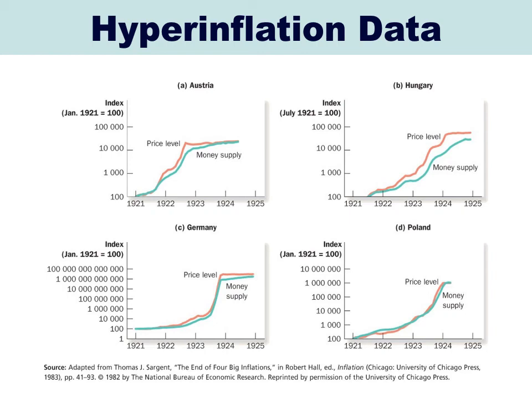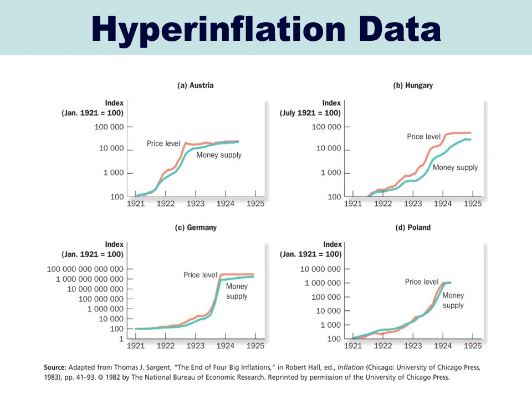So 10,000 divided by 100 is 100, which means that the prices increased 100 times. So let's think about that. Look at that price level in 1921. Yeah, it is 100. That means I can buy something for $100. But that same good in 1923 is going to cost me $10,000.